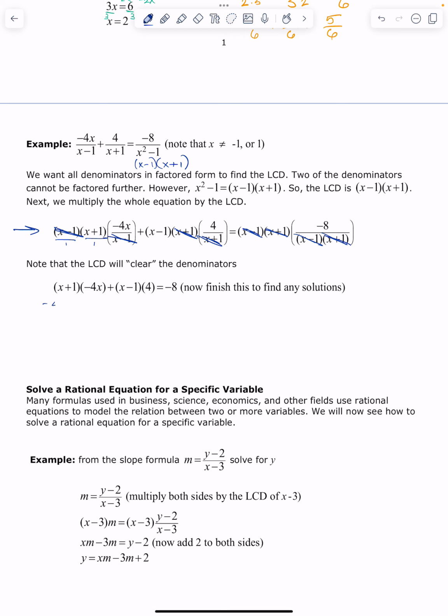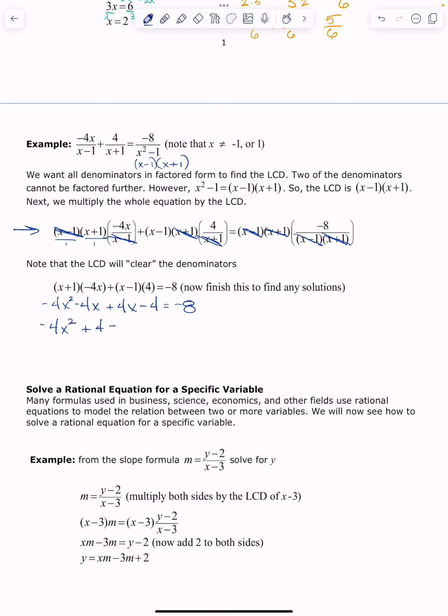So we are going to go ahead and solve this. I'm multiplying through by negative 4x. I got a plus 4x minus 4 equals negative 8. I am going to move everything to the same side. I got negative 4x plus 4x, that zeroes out.